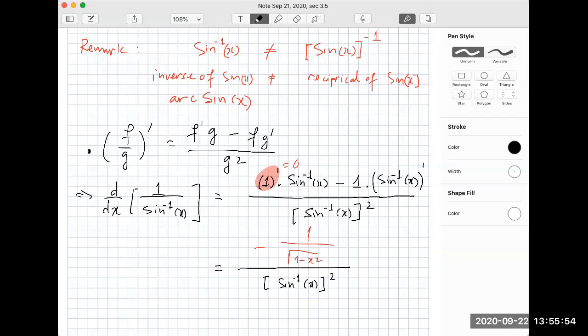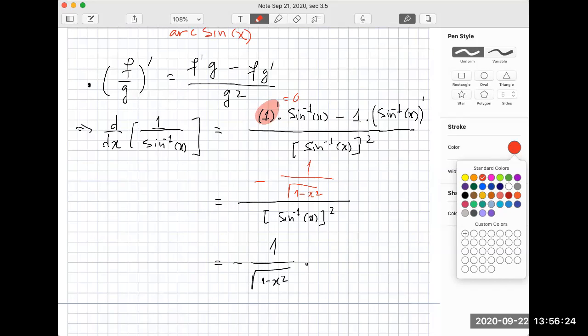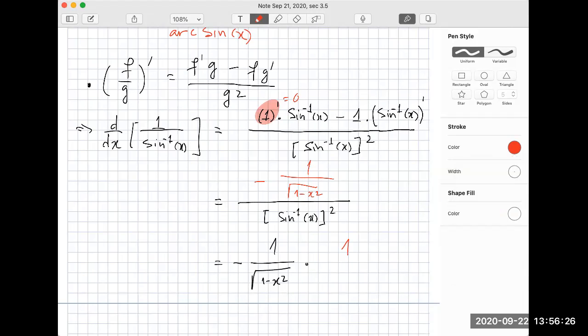This is a fraction divided by something else, right? So what is it? We can change from division to multiplication, right? By what is next here? You do it times the reciprocal of sine inverse squared, which is 1 over sine inverse squared.